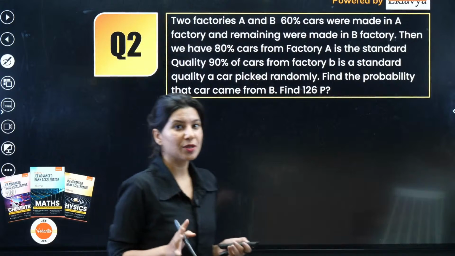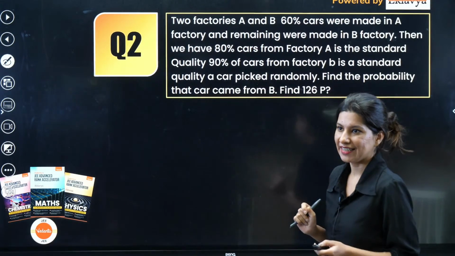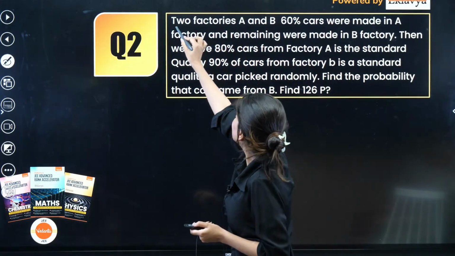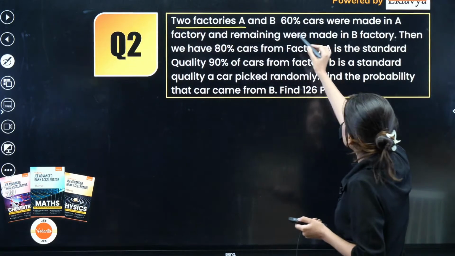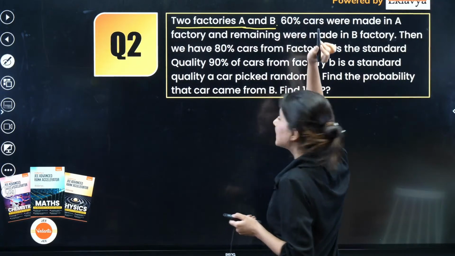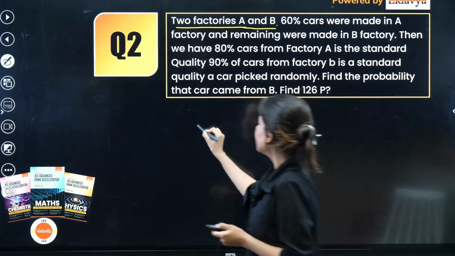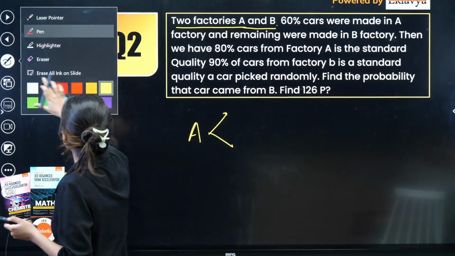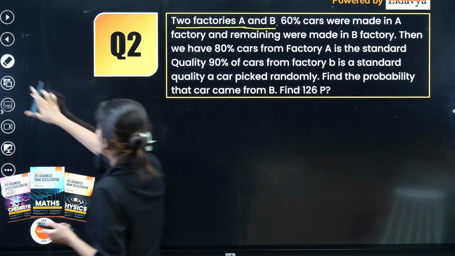Now we are having question number 2, which is from probability. It says 2 factories, A and B, are there. A and B are 2 factories.